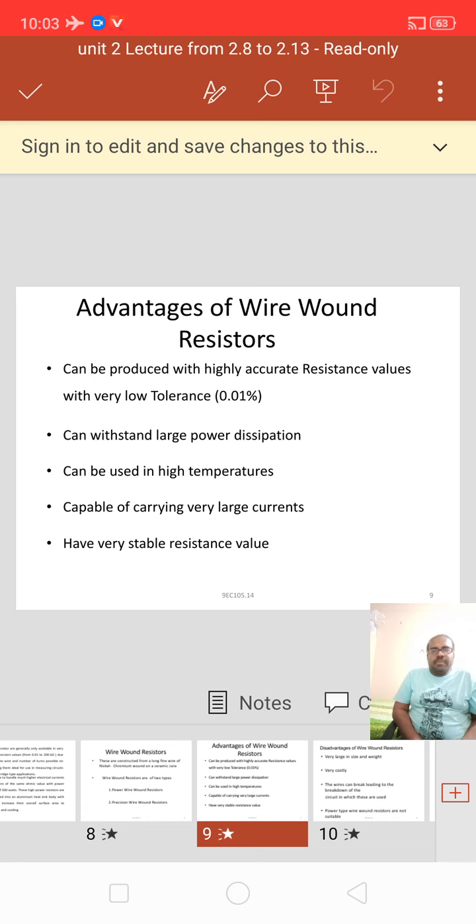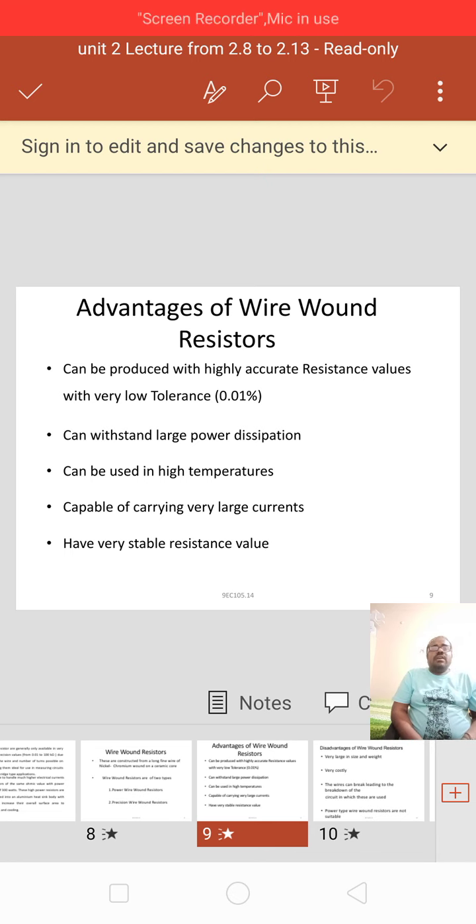Once again I am repeating this. Last two first, it has very stable resistance values. It is capable of carrying very large currents. It can be used in high temperatures also. It can withstand large power dissipation. It can be produced with highly accurate resistance values with a very low tolerance value, that is 0.01%.